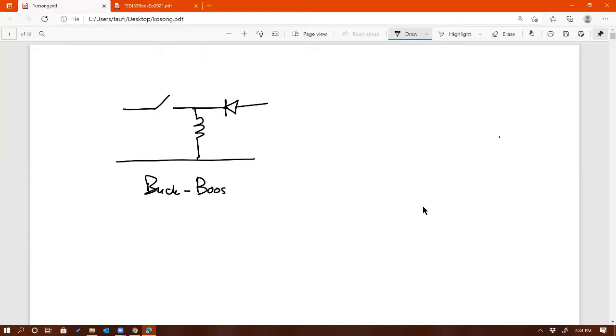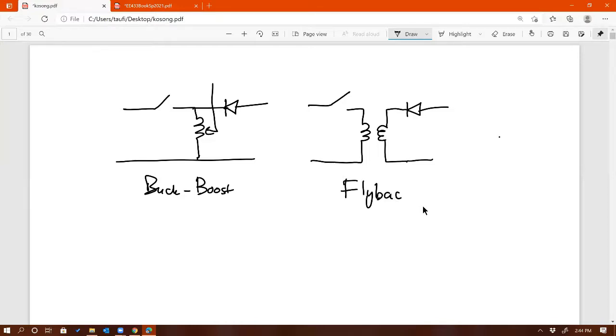A flyback is derived from this topology by replacing the inductor with a transformer. Now you have a flyback. That's basically an isolated buck-boost.